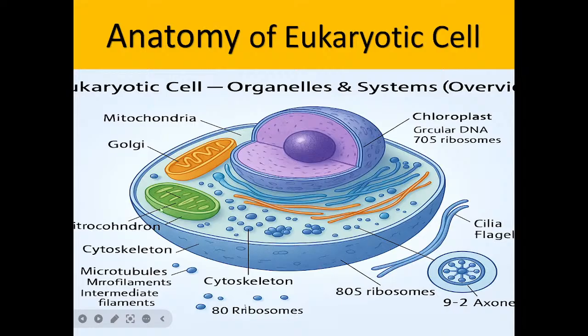When you look at the typical architectural structure of the eukaryotic cell, what you see here is the nucleus. All of these, the Golgi apparatus, mitochondria, cytoskeleton, are called organelles because they are membrane bounded.